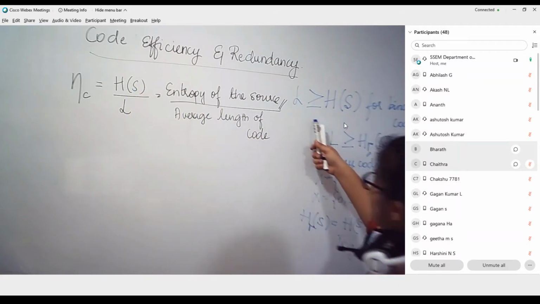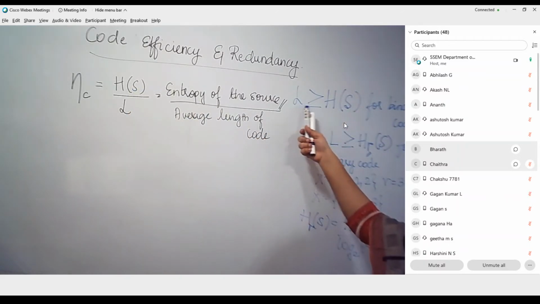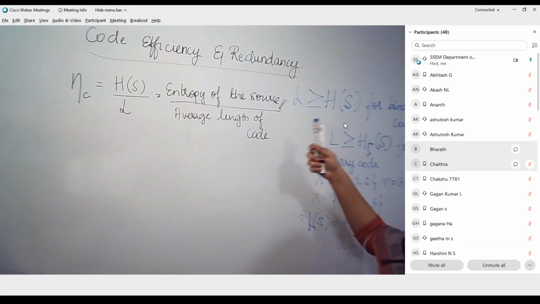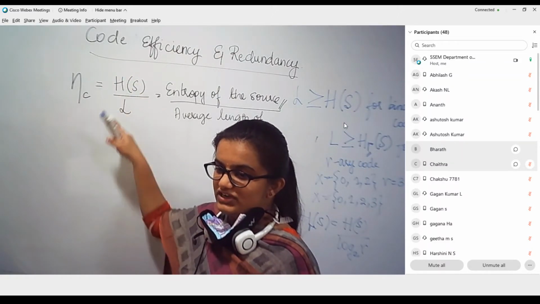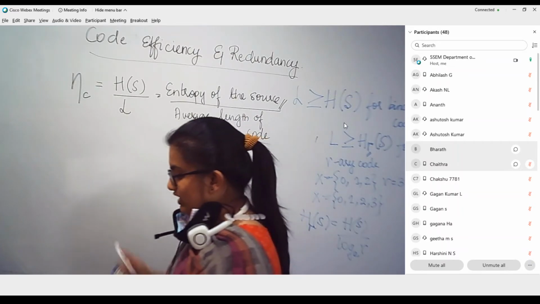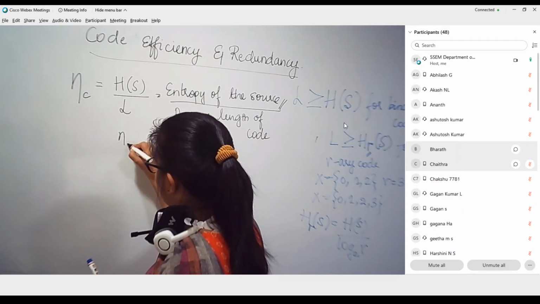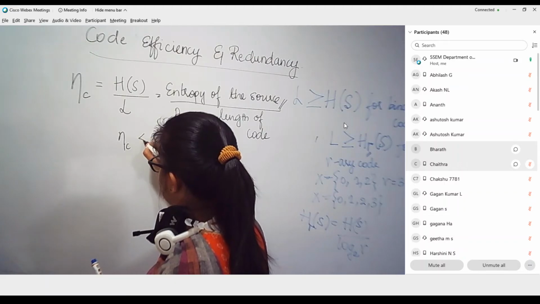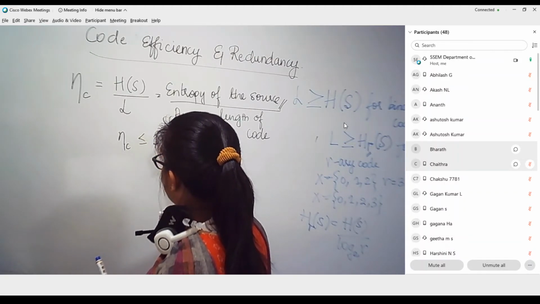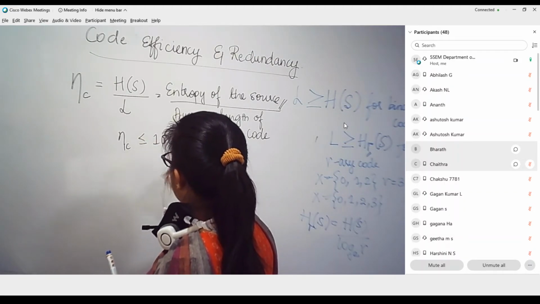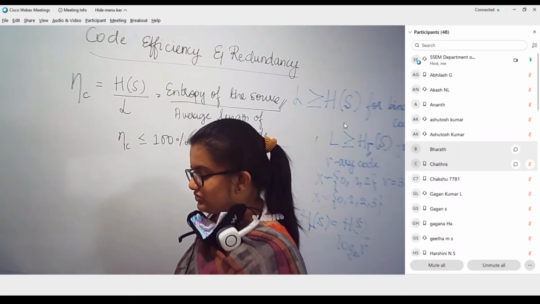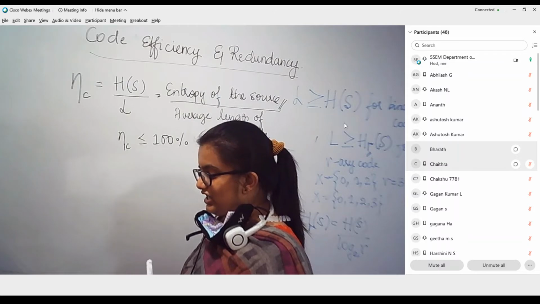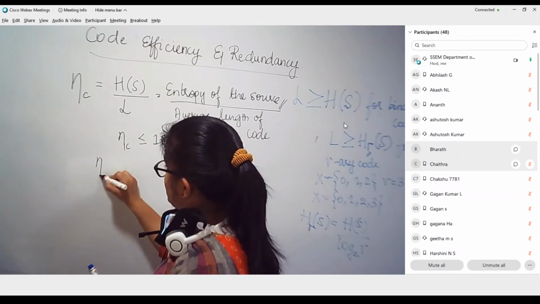So the relation between L and H(S) is that L is greater than or equal to H(S). So the ratio of H(S) to the average length will always be a value less than 100%. The code efficiency is always less than 100%, because the value of H(S) is always lesser than the value of L. So this gives us an idea about the code efficiency.